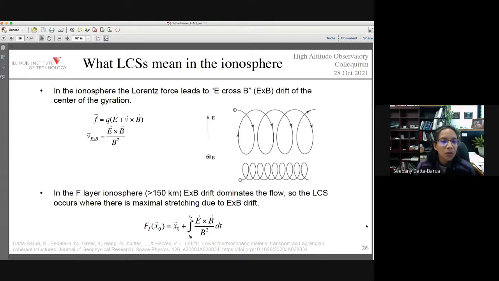The Lorentz force, F here, describes that a particle is going to be subject to an electric field. It will accelerate along the direction of an electric field. And if there's a magnetic field present and the particle is moving, it will gyrate around that magnetic field line.